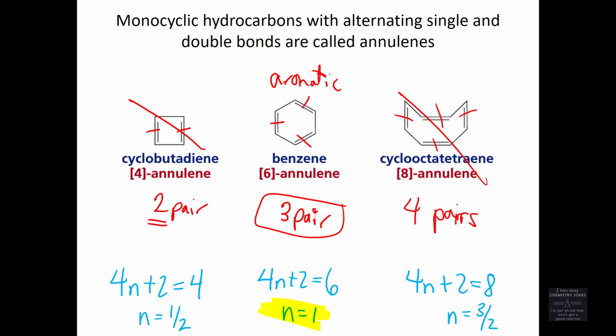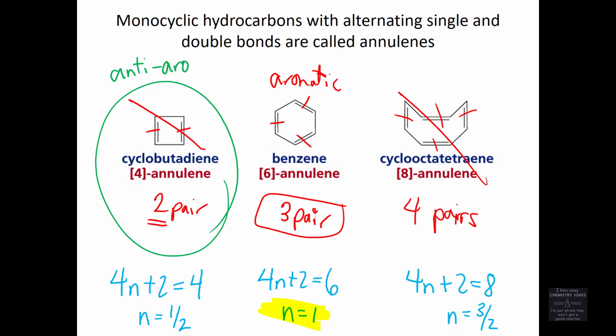So here we are again. Should we have labeled these things anti-aromatic? This one, yes, it's anti-aromatic. Again, does that mean that this molecule is crazy unstable? No. It means it's less stable than the Lewis structure would predict. That's all it means.